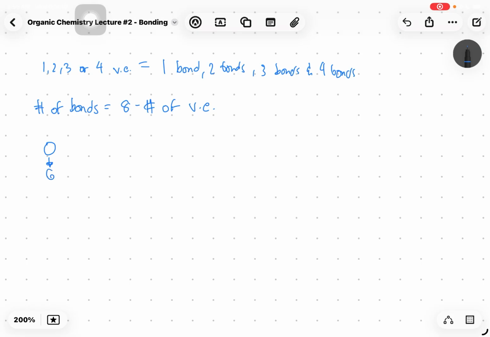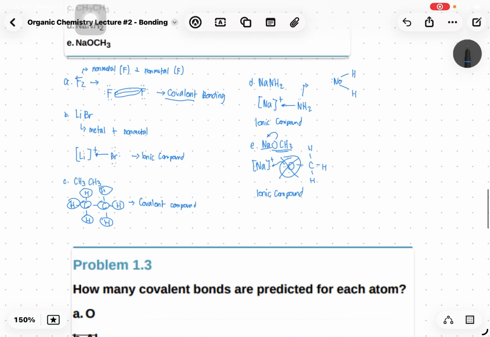So how many bonds would that form? That would be 8 minus 6, which is 2 bonds. So normally in organic compounds, you would see oxygen with 2 lone pairs and 2 bonds next to it. And that's it. So let's go ahead and answer a sample problem.